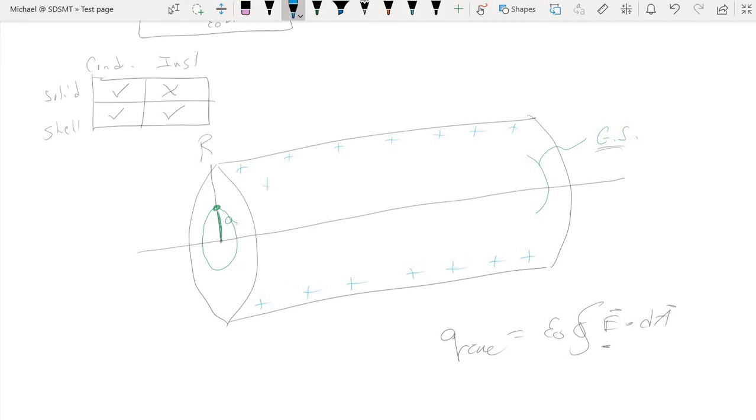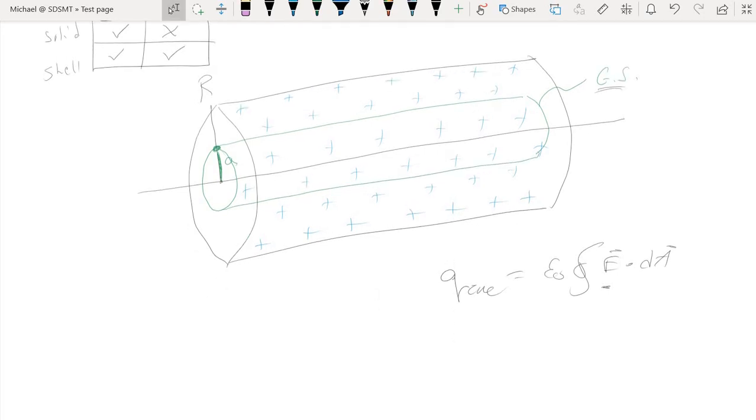So like the solid insulating sphere, we can now have some charge uniformly distributed about the volume of our cylinder, and that means when we draw our Gaussian surface, we do contain some of the charge of the total cylinder.